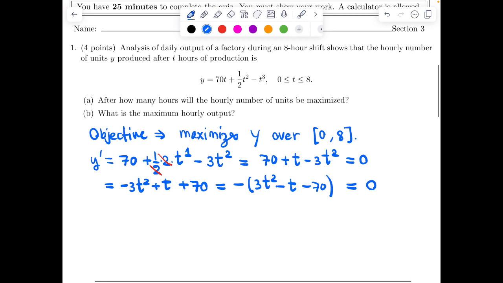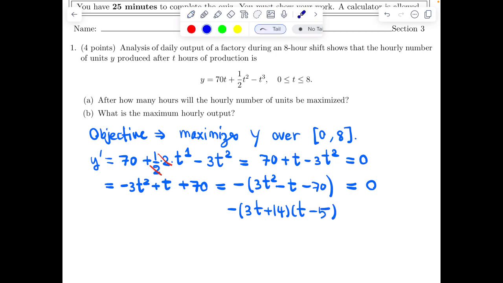So to solve this, we're gonna factor. So we've got (3t )(t ). You get 14 and minus 5. You see that if you multiply 14 with minus 5, you get minus 70. And if you take minus 5 multiplied with 3t, you get minus 15t, and then plus 14t, and at the end you get minus t.